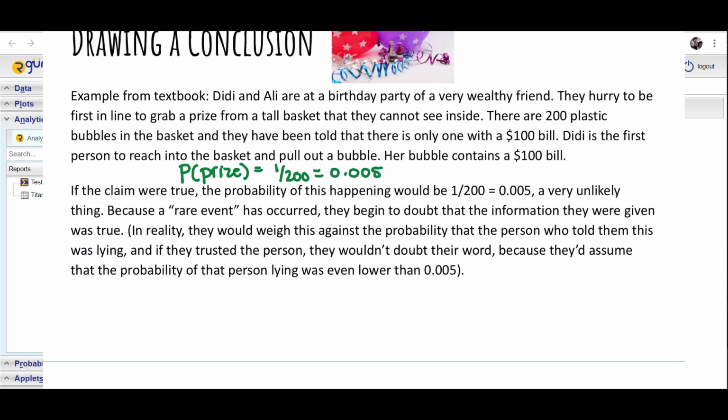And if they trusted the person, they wouldn't doubt their word, because they had assumed that the probability of the person lying was even lower than 0.005. So that's kind of how you make the decision.